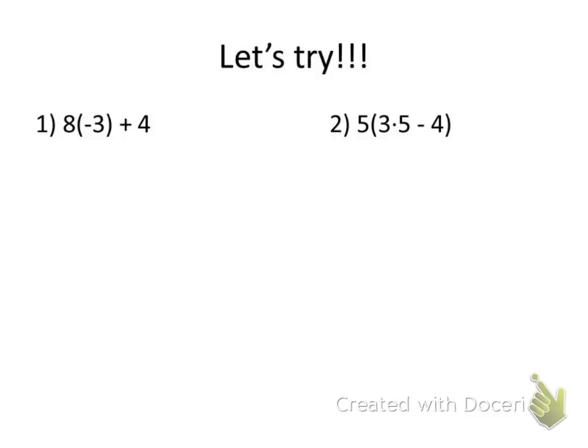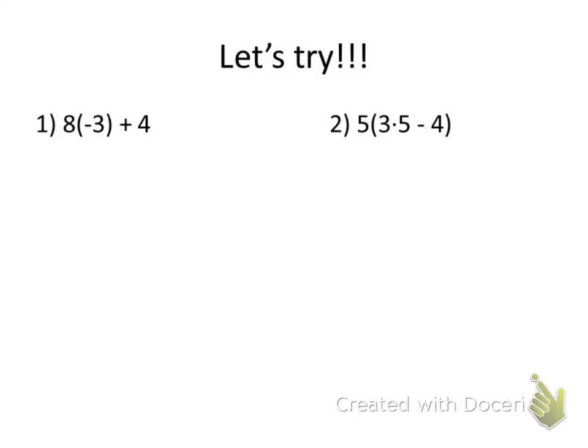So on every problem this week, I'm going to just talk you through the order of operations right as they come. So P, parentheses. Are there any parentheses? Can you simplify what's inside the parentheses? No, that's as simple as it's going to get. So we can move on to exponents. Any exponents? Any multiplication or division?